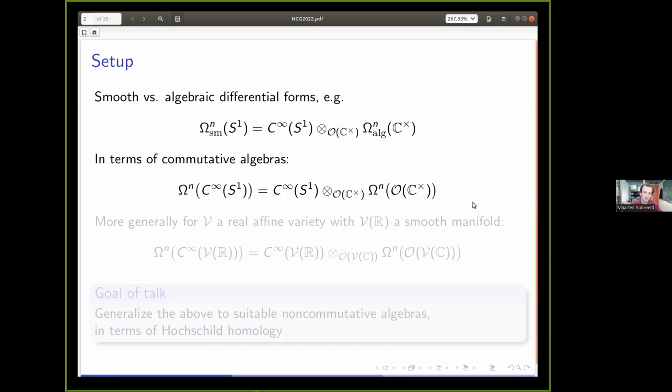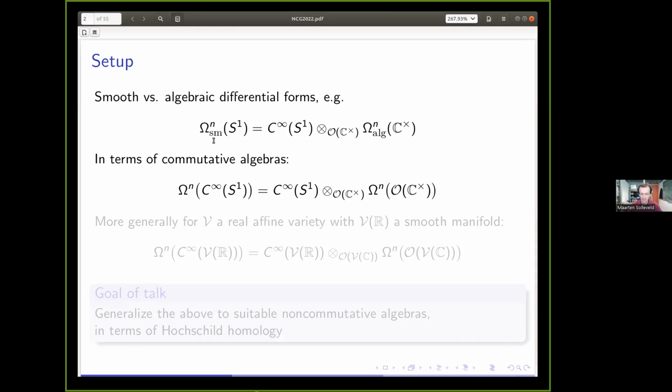One interesting example is where you look at the variety C cross, and inside there you have the circle, and you can compare differential forms on those two. It's one-dimensional, so there's not so much choice. It's easy to see that if you take the algebraic differential forms on C cross, and you tensor them up with smooth functions on the unit circle, you actually get all smooth differential forms on the unit circle.